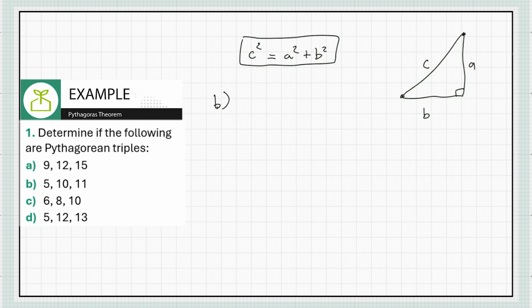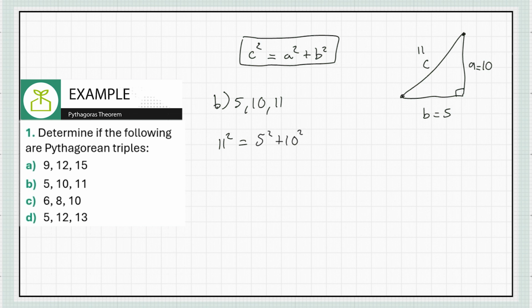So for B, we have 5, 10, and 11. And you can imagine this just like before. This is our triangle, this is 11, and either one of these can be a or b. So what we've got is 11 squared is equal to 5 squared plus 10 squared.